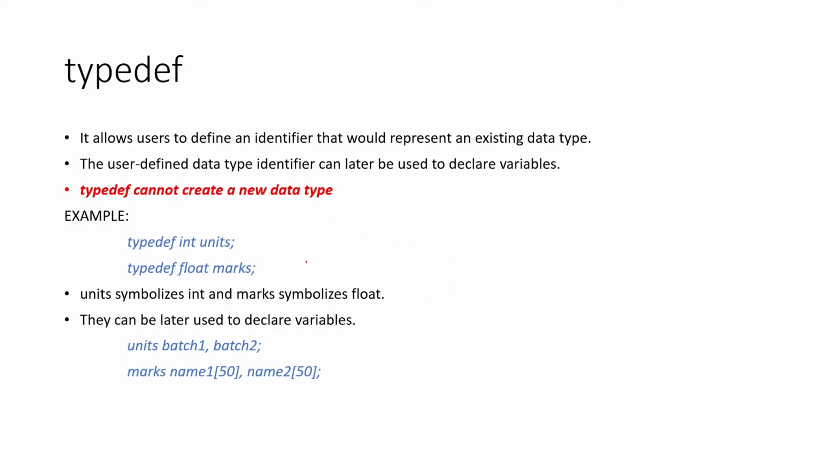Okay, so here what is the meaning? Typedef int units means now int has the same meaning as units. So instead of writing int batch 1, this is how you declare variables, right? int batch 1 comma batch 2. Instead of this you can write units. Both are the same after using typedef int units. Typedef means you are giving units the same meaning as int.